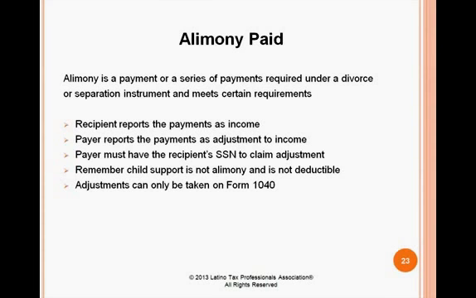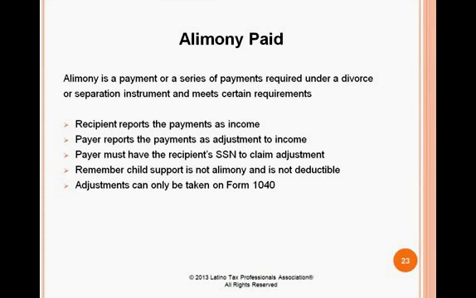If for some reason you choose not to do that, then the one you are paying alimony to does not have to report it as income. I've not run into that situation, but there is that possibility. If, however, you are choosing as the taxpayer not to report that as an adjustment to income, let the person you're paying it to know so they don't have to report it as income.